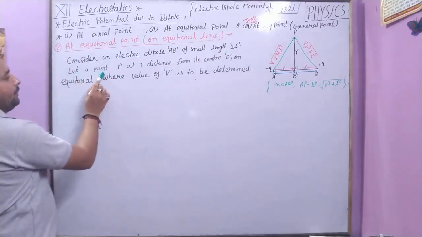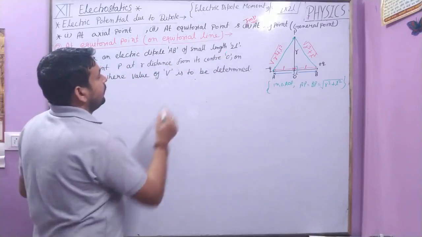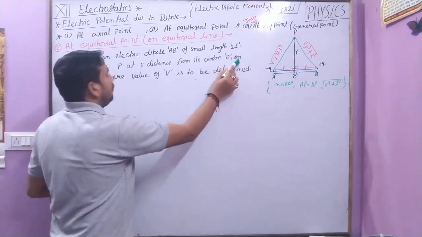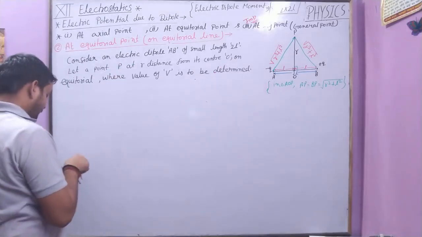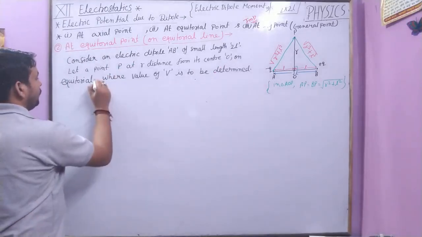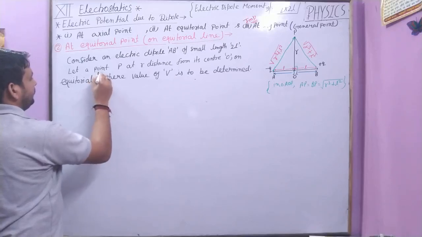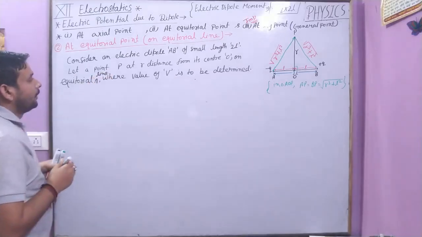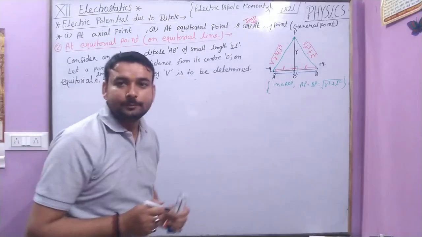Let a point P be at distance r from its center on the equatorial line, where the value of V is to be determined.